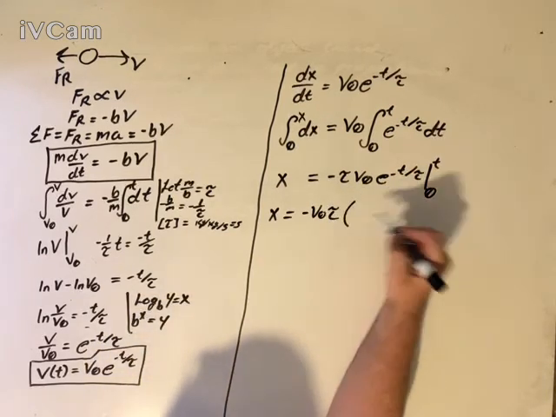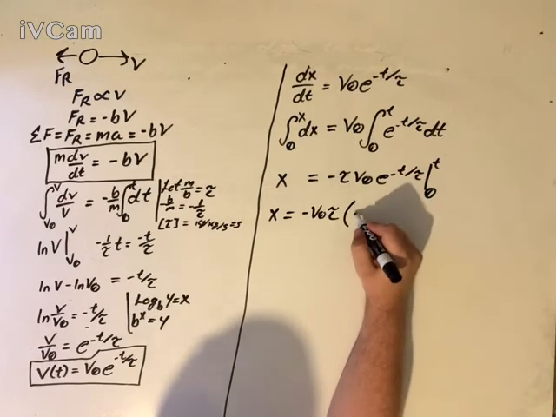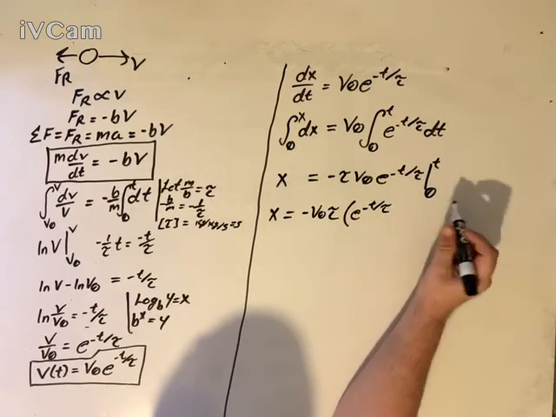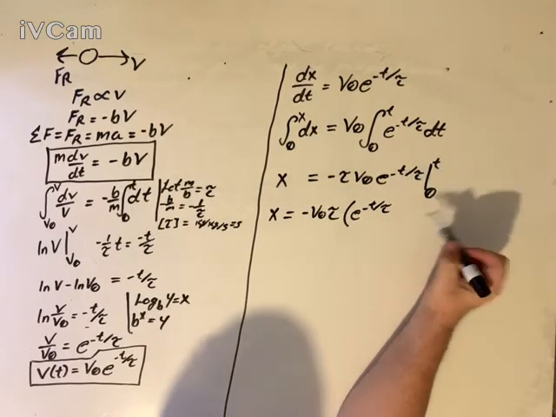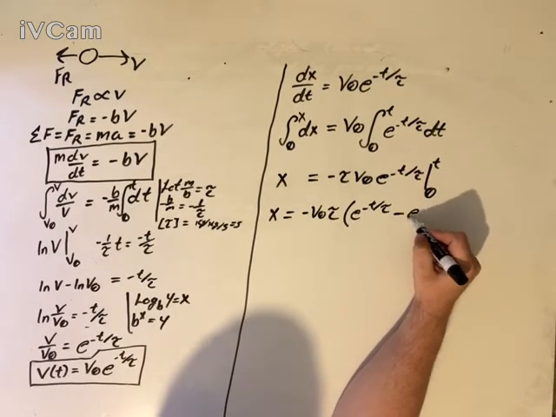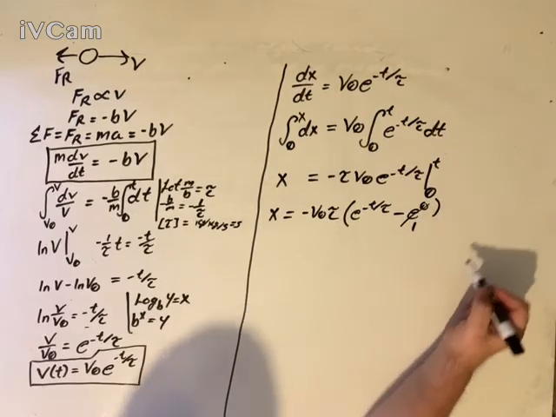Now, if I evaluate this integral with the limits from 0 to t, I get e to the negative t over tau, substituting in t where I have t. And then if I substitute in 0 where I have t, I get e to the 0, which of course we know is 1.